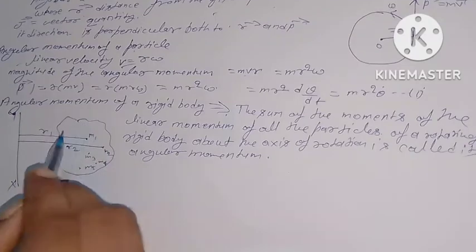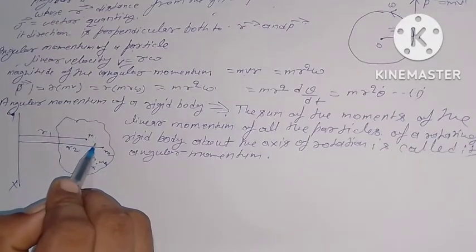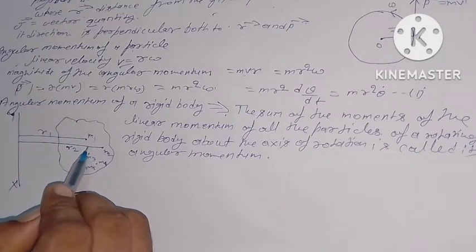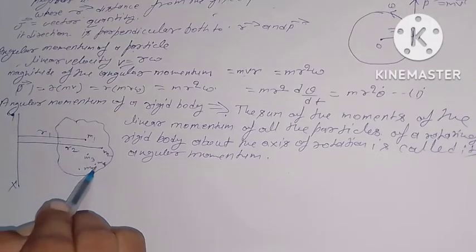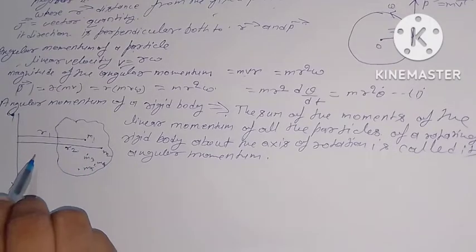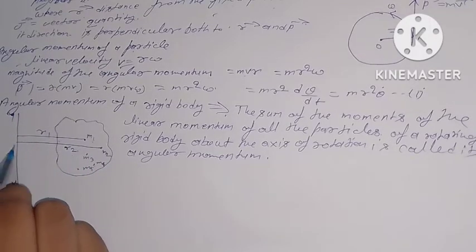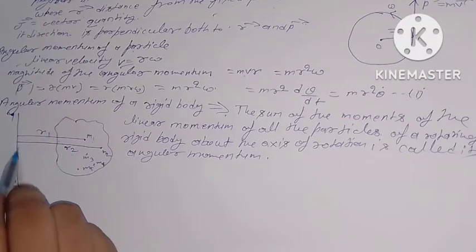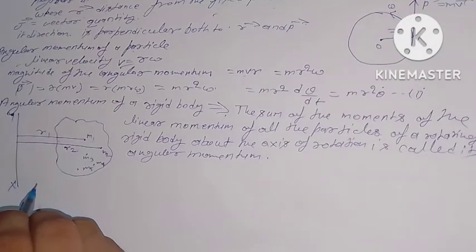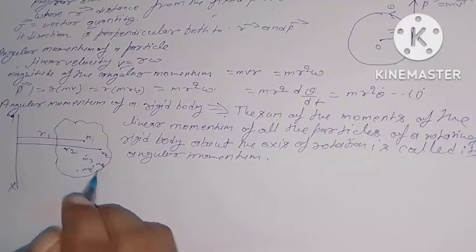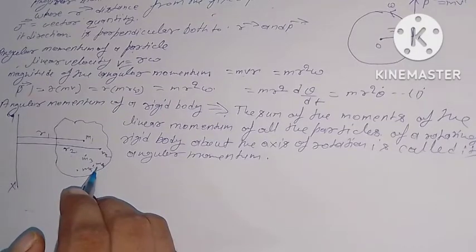Consider the particles M1 and M2 of the rigid body lying at distances r1 and r2 from the axis of rotation XY and having magnitudes of linear velocity v1 and v2 respectively.